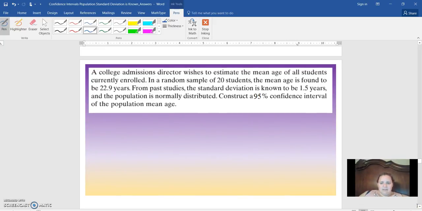So there's 20 kids. The mean is 22.9. Past studies, the population standard deviation is 1.5, and we want 95%. All right, that's test, Z interval, 1.5, X bar is 22.9, there are 20, and we want 0.95.